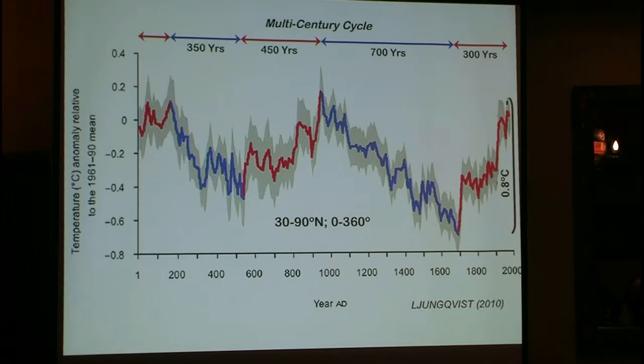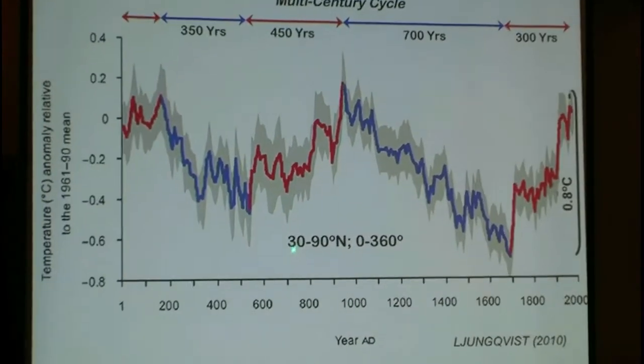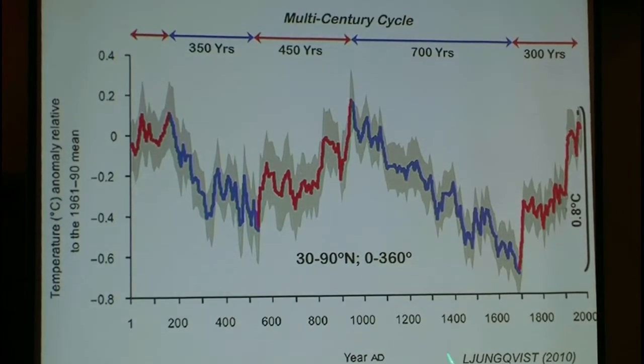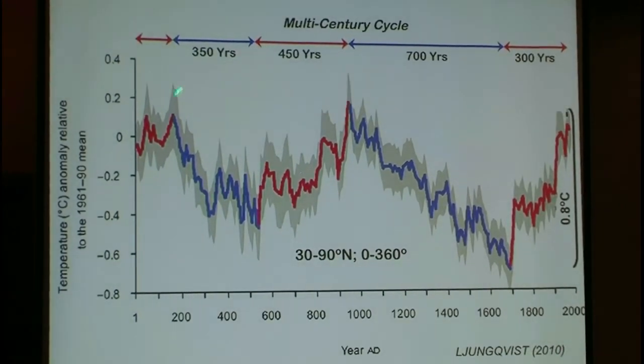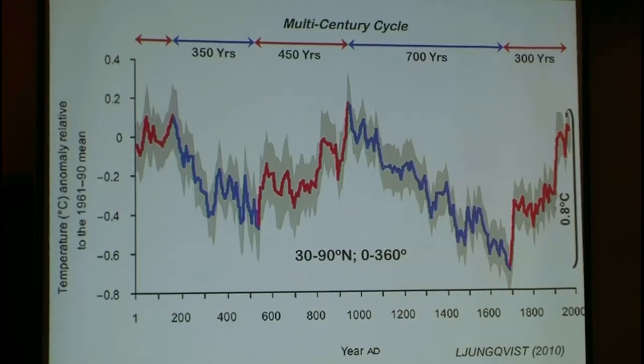So, okay, let's go forward here. Here's the best thing I've come up with: the observations from 30 degrees to the pole, from this fellow and his colleagues. You see, going back to the time of Christ, we tended to have a little warming, then general cooling, 350 years of warming, long cooling, and now we've been warming.